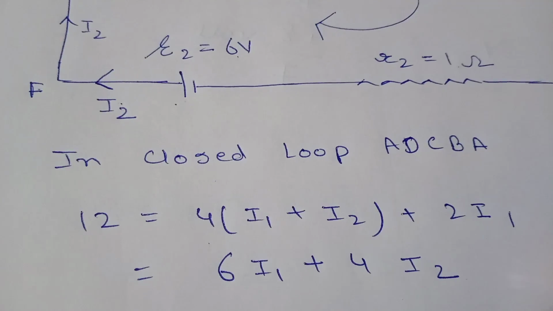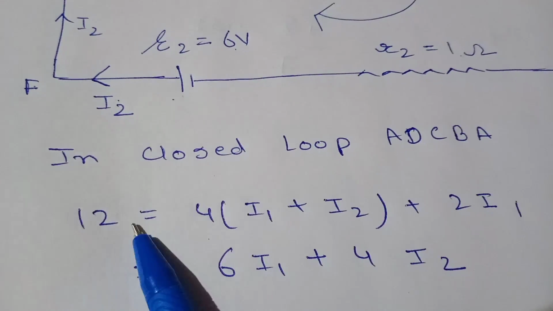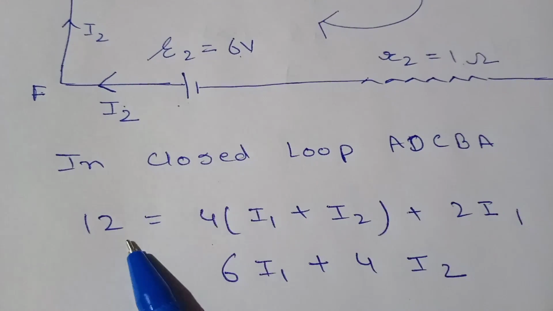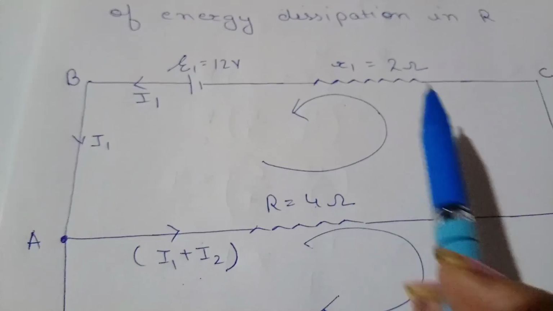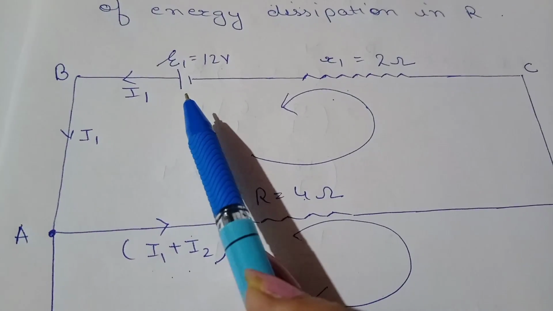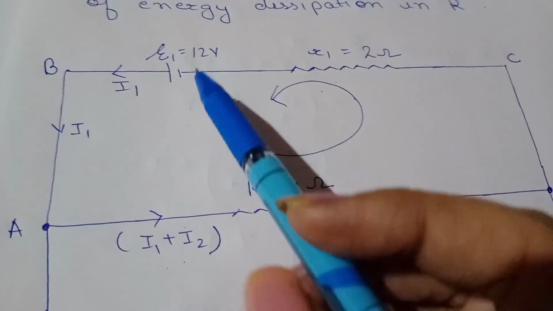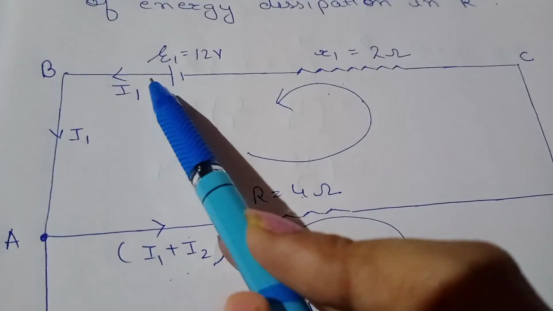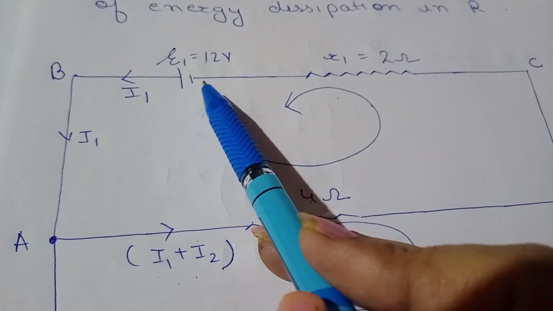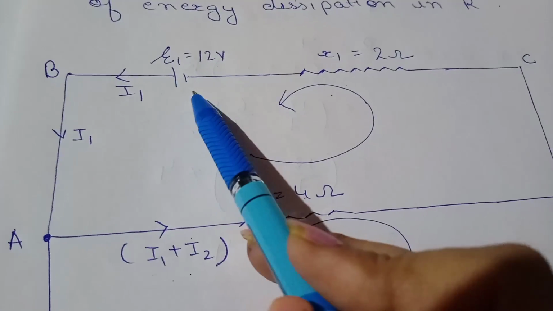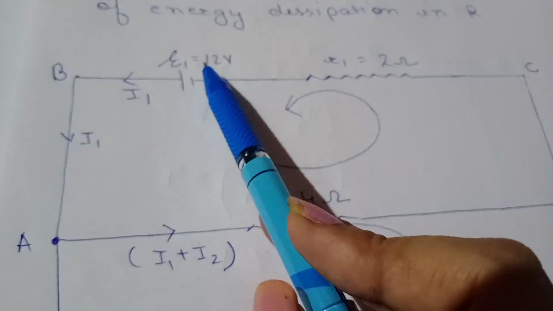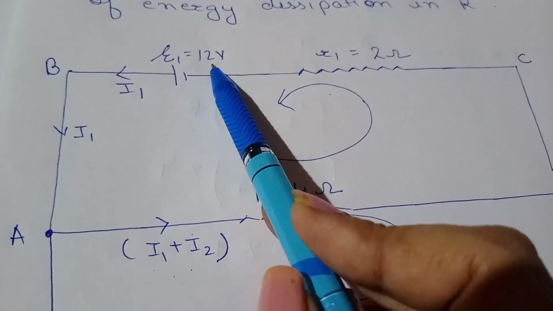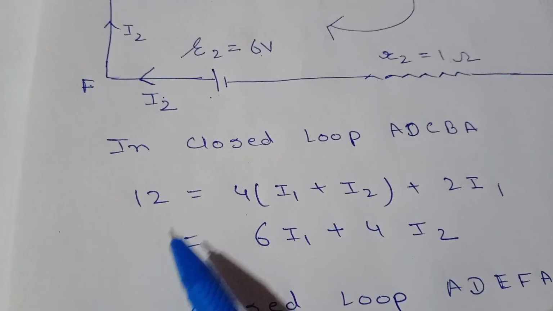Okay, then on the next side we write the summation of EMF. So here the source of EMF is only this cell, and we are going from negative to positive. So whenever we are going from negative to positive, the potential drop is again positive. So we'll write plus 12.